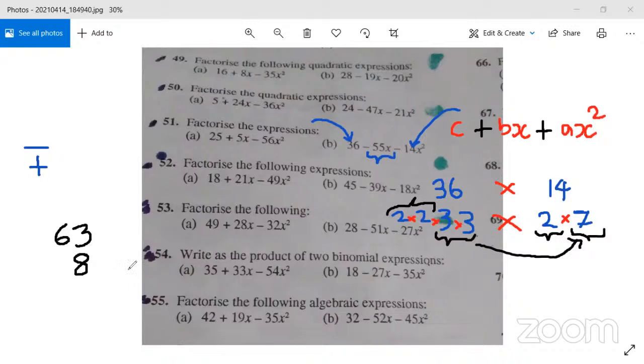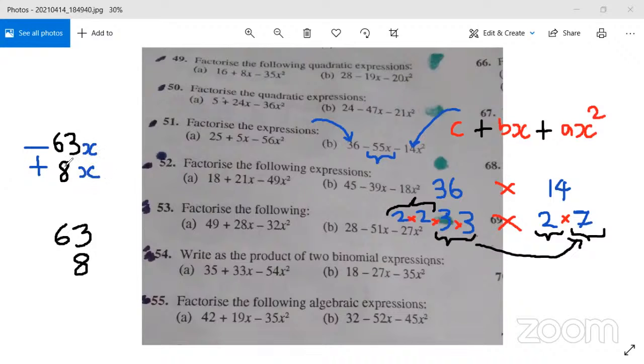Yes, ladies and gentlemen, we found it. The 63 will be negative, the 8 will be positive. So it's going to be minus 63x and a positive 8x.